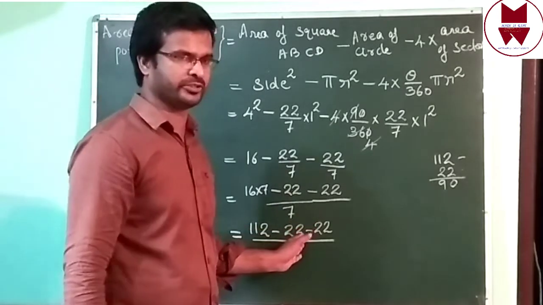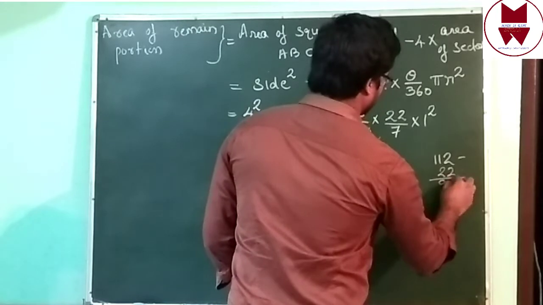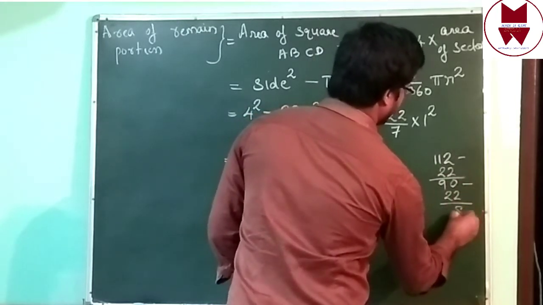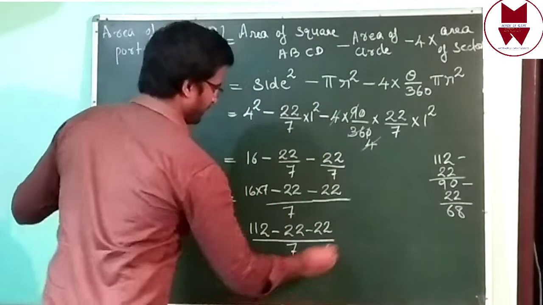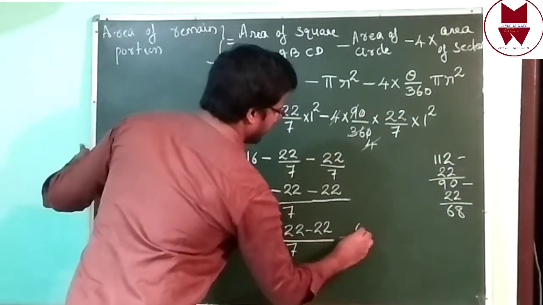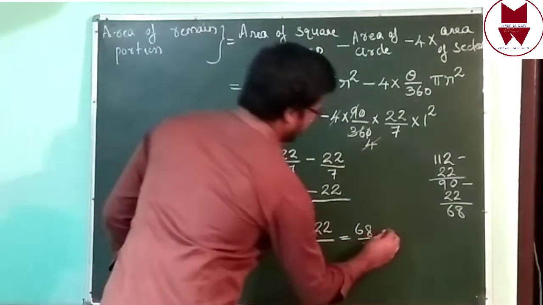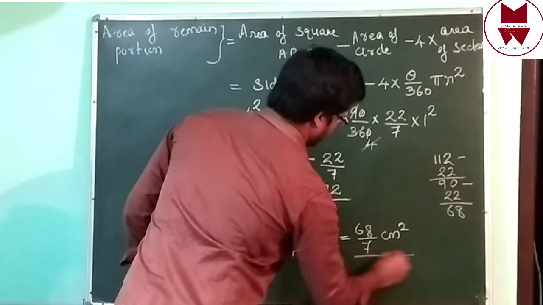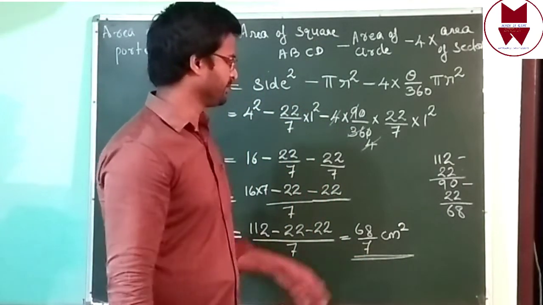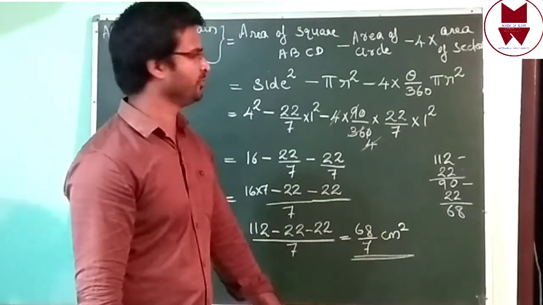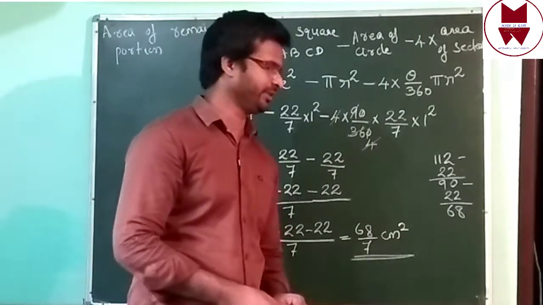Again one more 22 is there. Subtract that 22 also. Then we get 68 divided by 7 centimeter square. That is our area of the remaining portion. Here 68 divided by 7, no need to divide because the pi value they have given is 22 by 7.